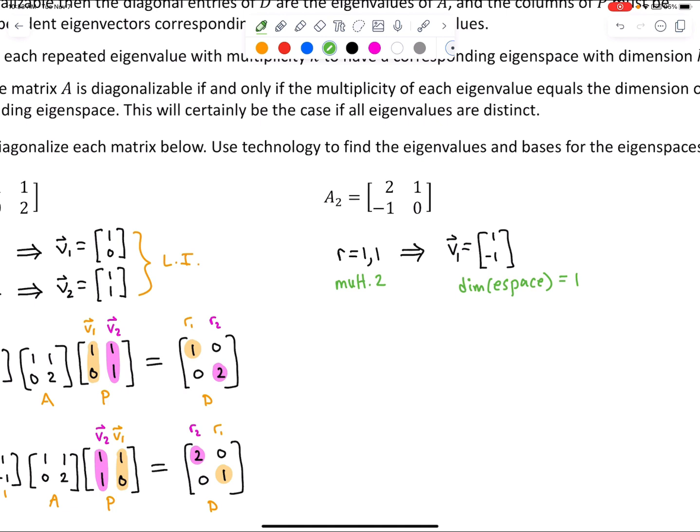Therefore, we are not able to find two linearly independent eigenvectors to use to construct the columns of the matrix P. And since we need P to be invertible, I can't use two linearly dependent eigenvectors as the columns of the matrix P, because a matrix P with two columns that are linearly dependent will have a determinant of 0 and will not be invertible. So because we had an eigenvalue whose multiplicity did not match the dimension of its corresponding eigenspace, this will disqualify A2 from being diagonalizable.